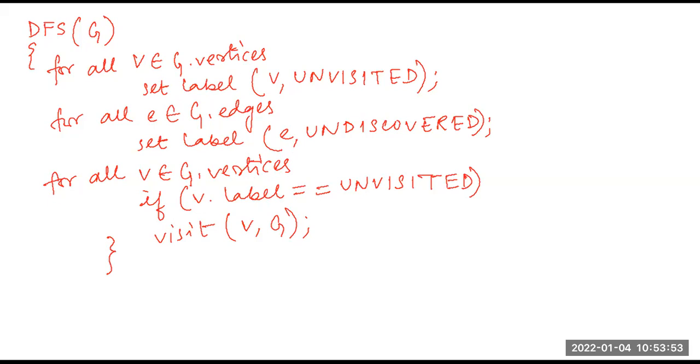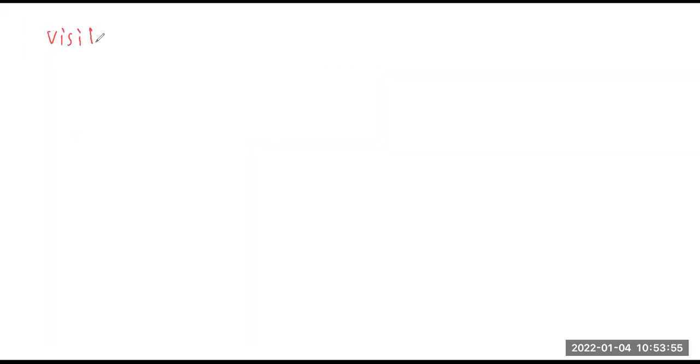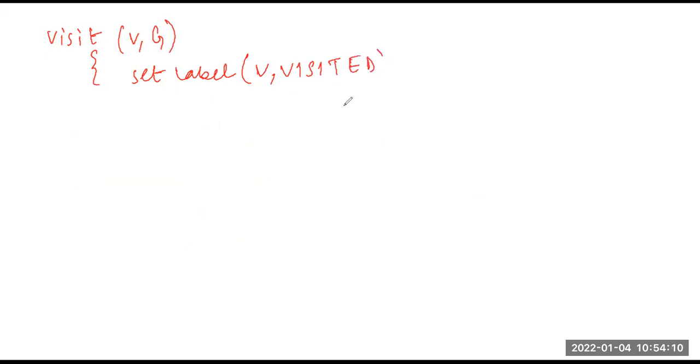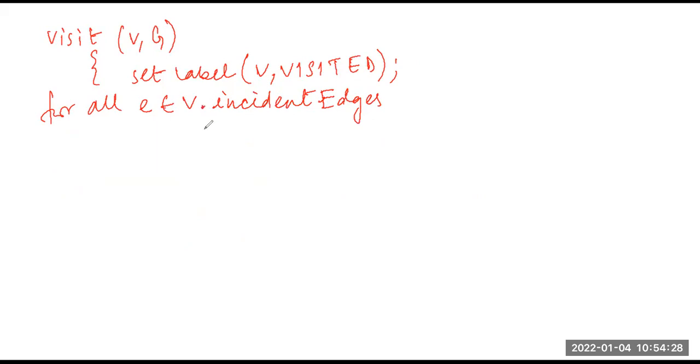Now, when we are visiting the vertex, what is happening? What is the logic? Suppose I have visited a vertex of my graph. First, I will set the label of that vertex to visited. Fine. Then, for all the edges that are incident on that vertex, I will do what?